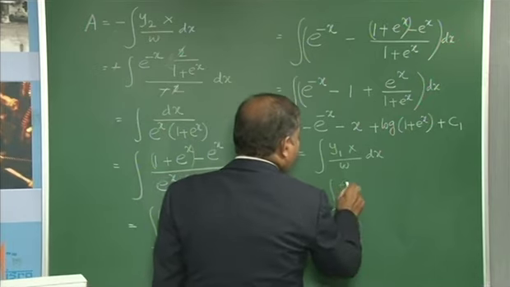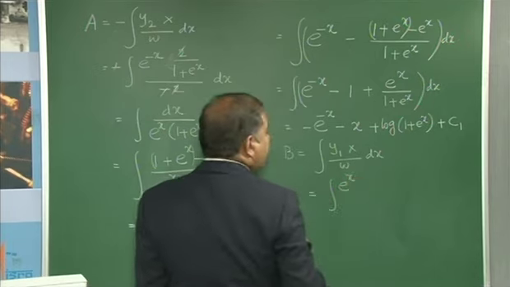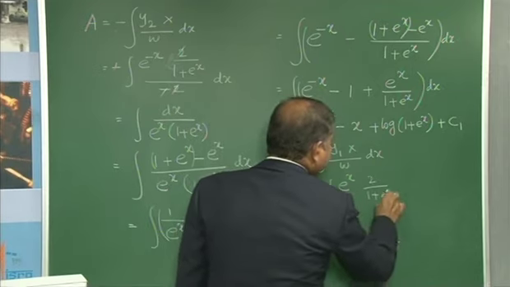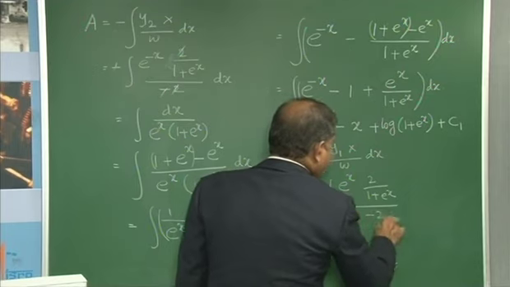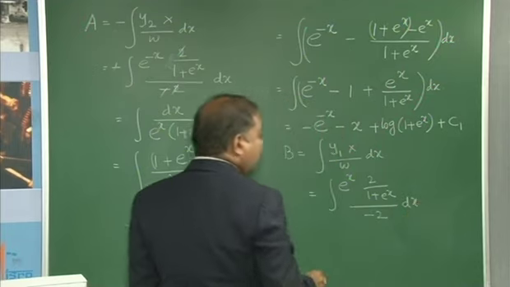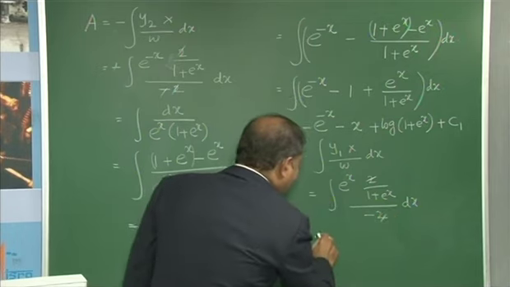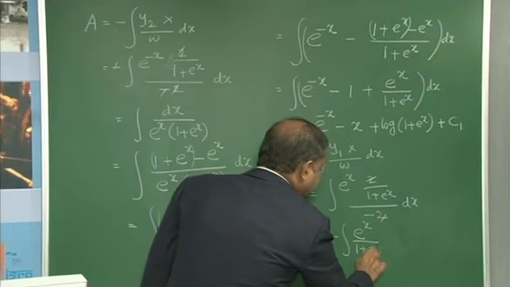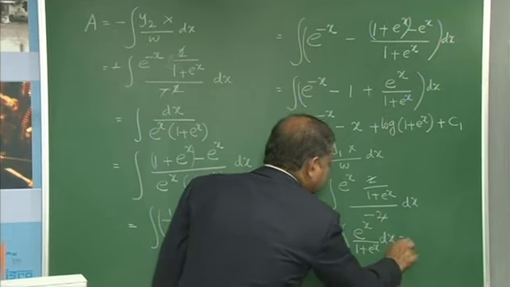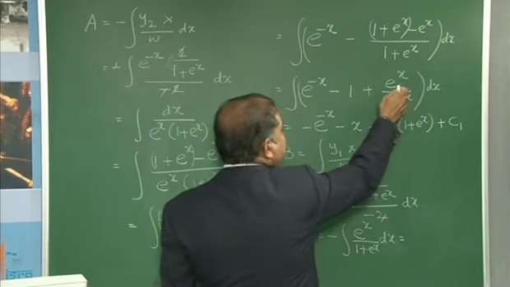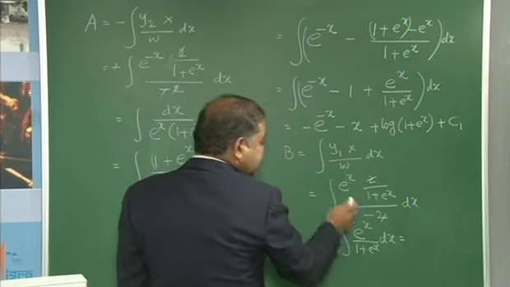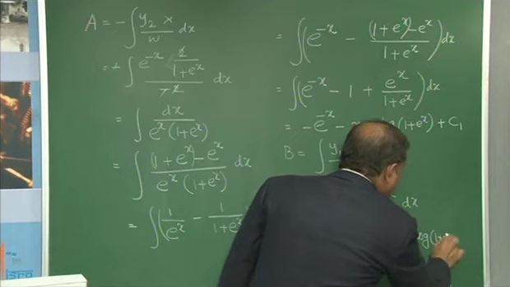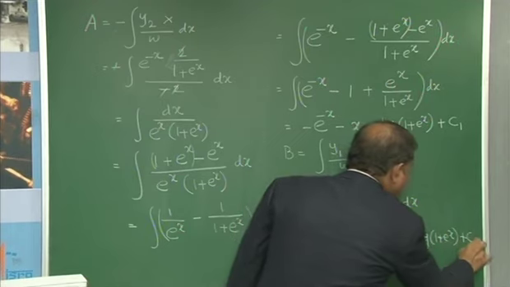You can see y1 is e power x, capital X is 2 by 1 plus e power x, divided by minus 2, dx. So 2 gets cancelled, minus I can take outside, e power x by 1 plus e power x dx, which is nothing but the same integral. So differentiation is there in the numerator. I can write minus log of 1 plus e power x plus c2.